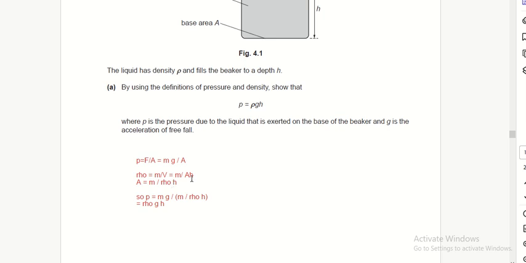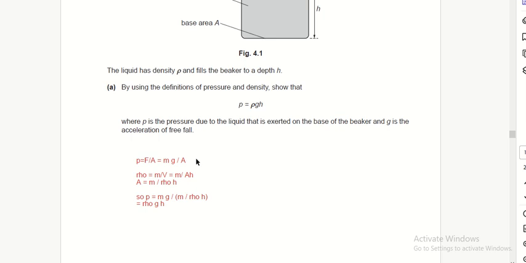So we'll change A in this equation by m over rho times h. We also were able to change m by rho times V, or rho times A times h, and hence A will be eliminated with A and we have rho g h.